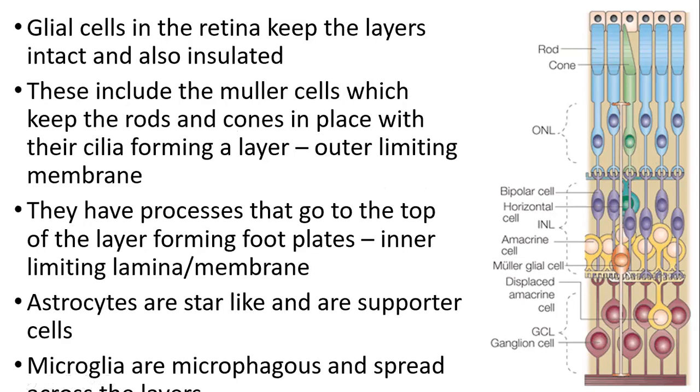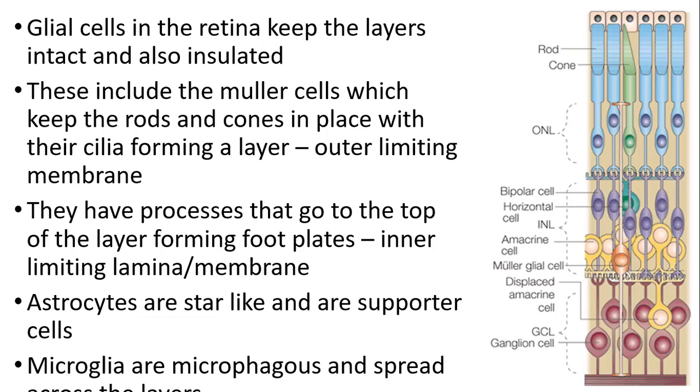All right. So glial cells in the retina keep the layers intact and also insulated. These include the Mueller cells, which keep the rods and the cones in place with their cilia forming a layer, the outer limiting membrane.